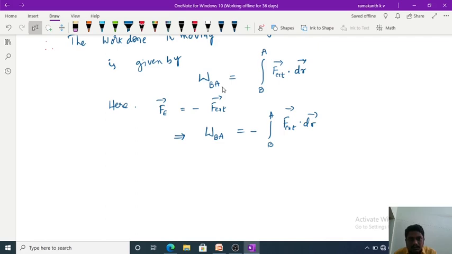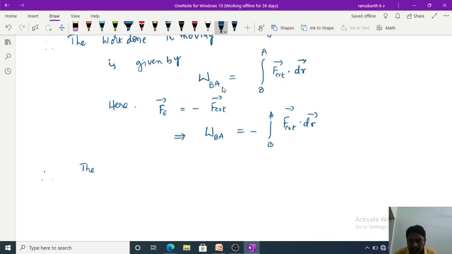Whatever work is done by an external agency against the conservative force will be stored in the form of potential energy. Here we are moving from one point to another, so whatever work is done is called the potential energy difference.